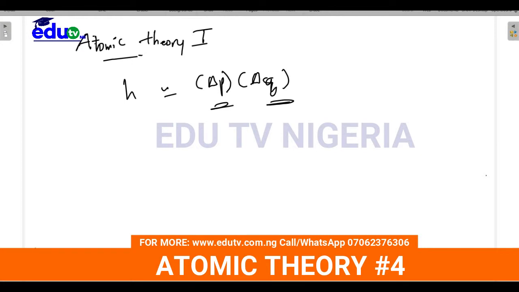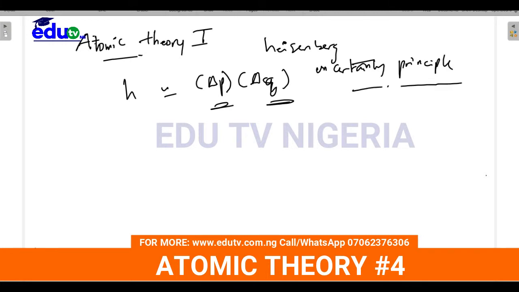This is the Heisenberg uncertainty principle. You can't tell the position and the momentum of the electron at the same time. That's what the principle is.